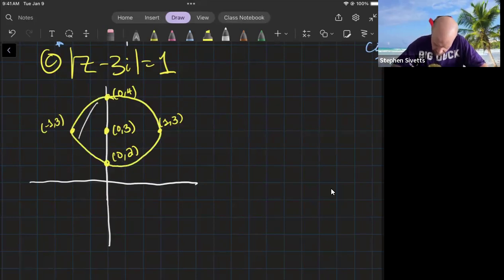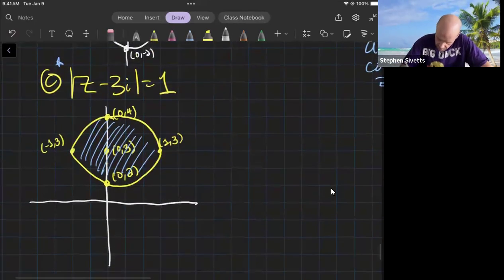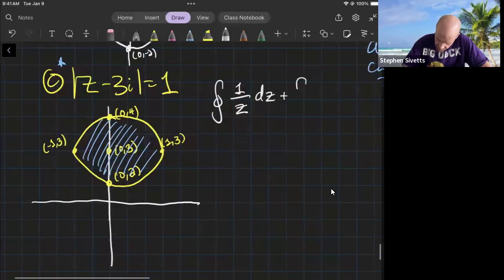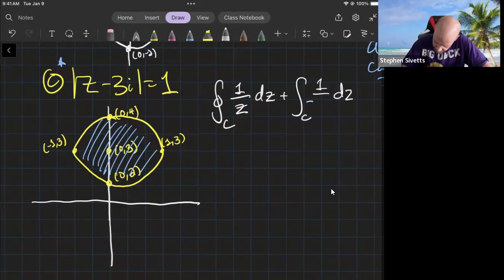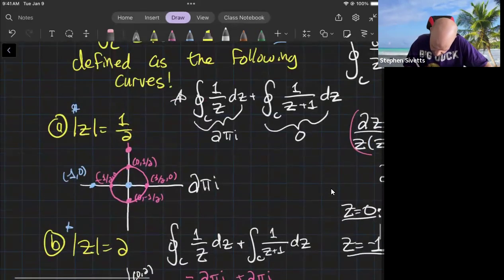So we're looking at the circle of radius 1 centered at 0, 3, the boundary and the region that's inside, and the line integrals of these functions here, 1 over z and 1 over z plus 1. Let me label the C's.